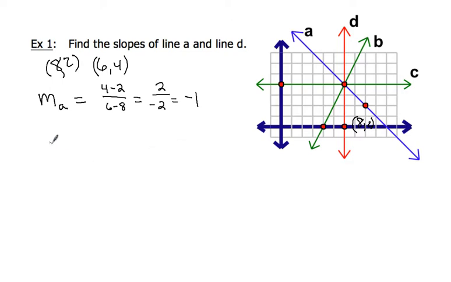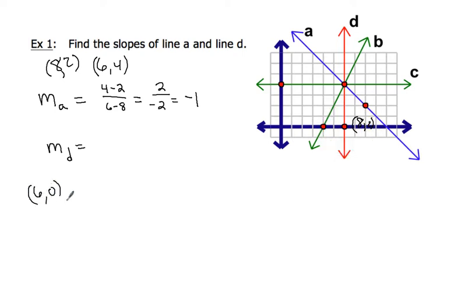Now when we go to take a look at the slope of line D, so we'll write M of D, we're going to take a look at that, and you can see it's a vertical line here. Now the coordinates for line D, for the 2 points that we can see on there, there's a whole bunch of points, but the two we'll pay attention to will be the point 6, 0. So we're going to use 6, 0.